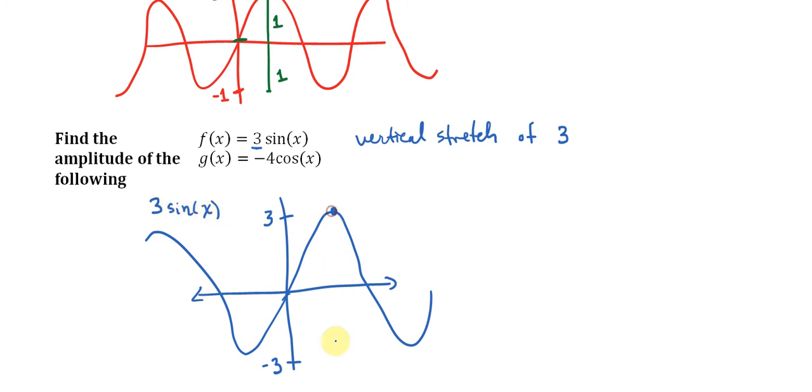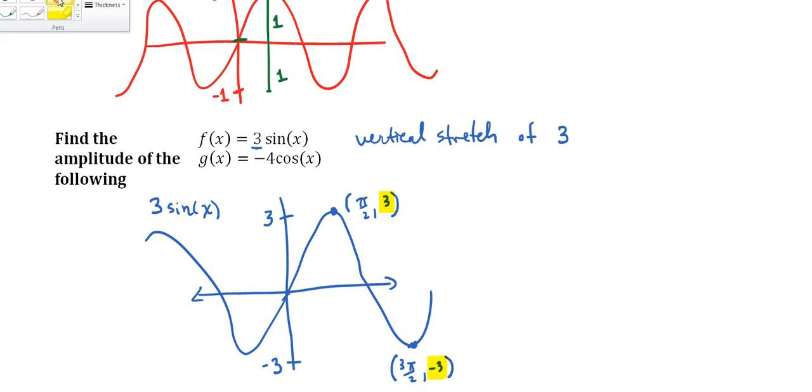Well, the maximum value here, and let's get really specific, is at pi over 2, +3. The minimum value here is at 3 pi over 2, -3. And again, when we talk about max and min, we care mostly about the y values here.